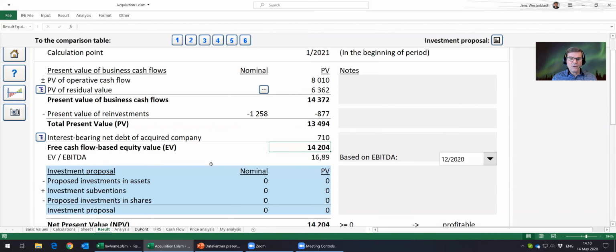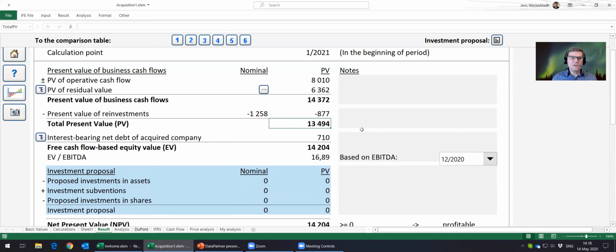So this would be the maximum price you're willing to pay, and that would correspond to almost 17 times last year's EBITDA. Again, a multiple that you can compare to others. But this is based on equity value, not enterprise value. Enterprise value includes debts.